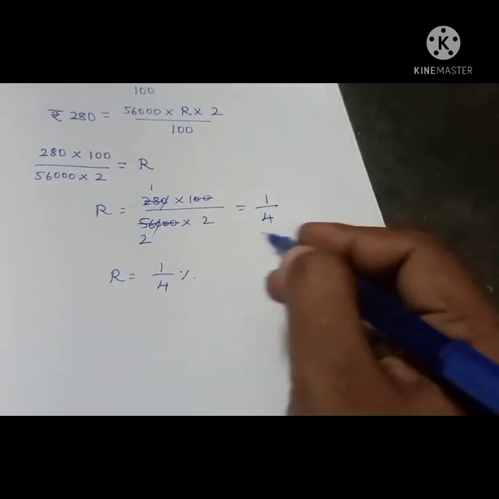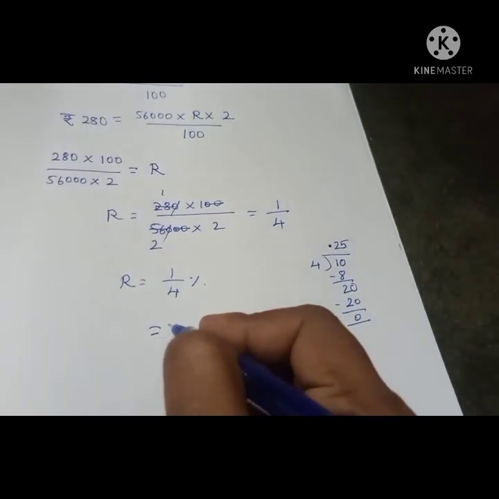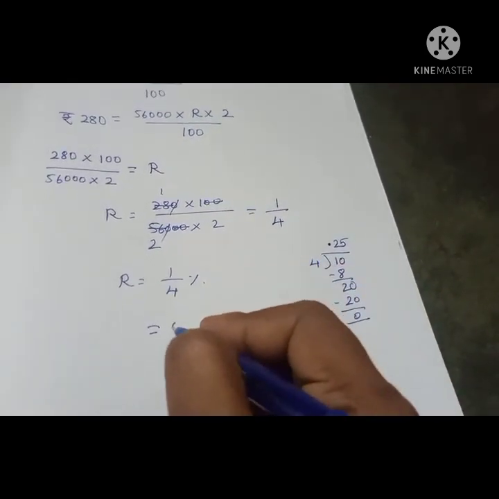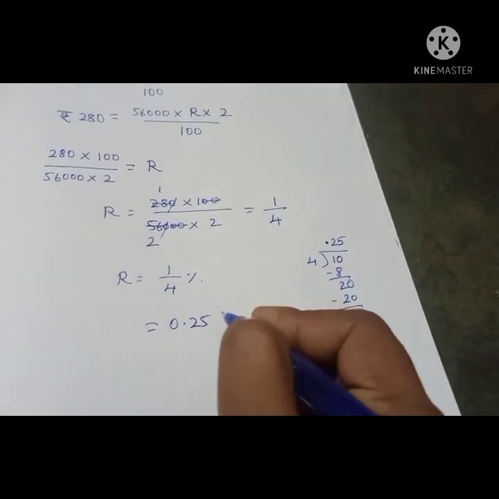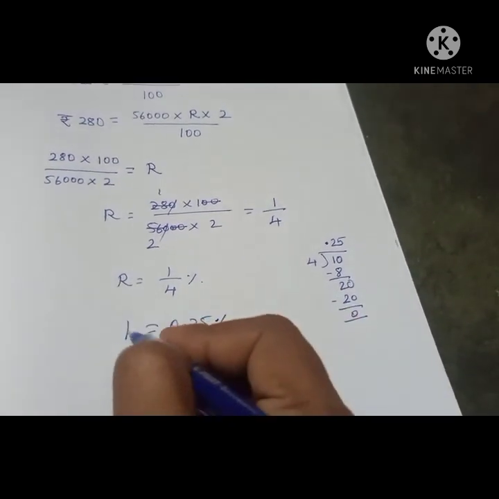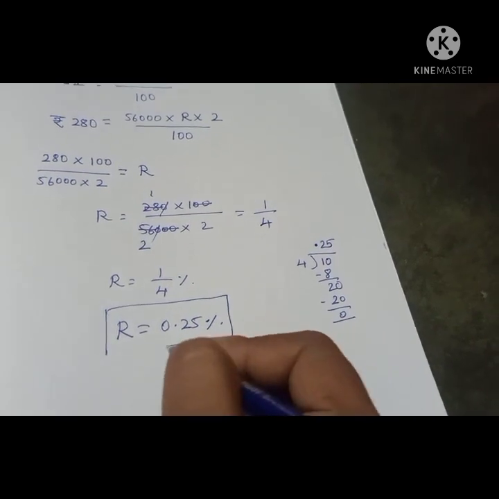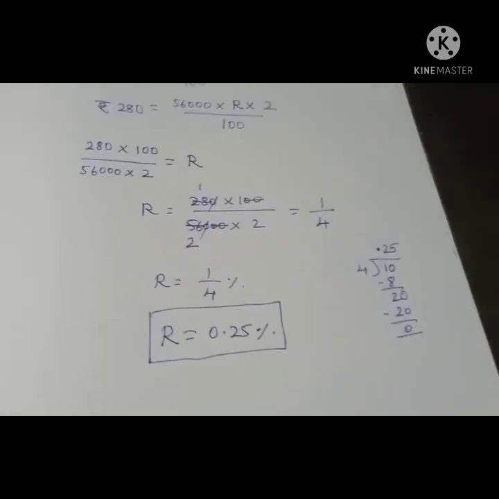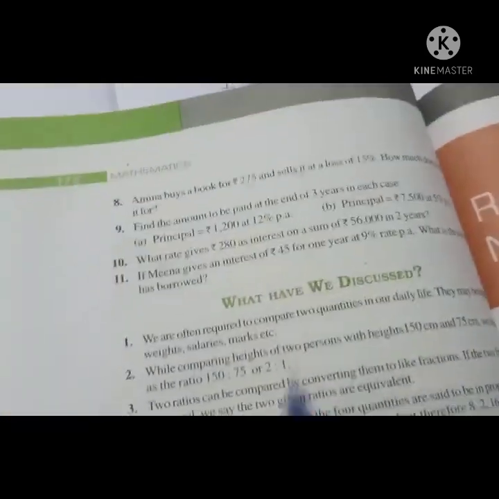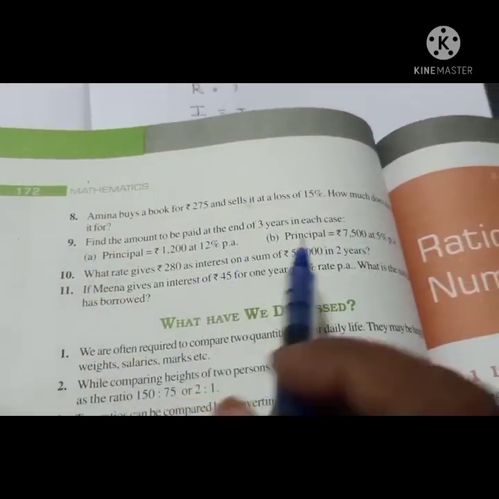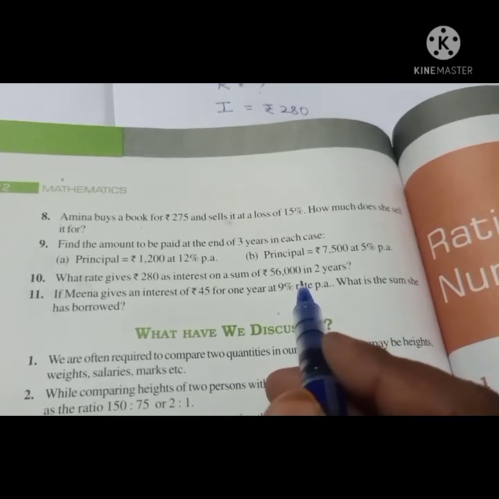So otherwise, 1 by 4 percent or 0.25 percent. So R, the rate of interest, is equal to 0.25 percent.